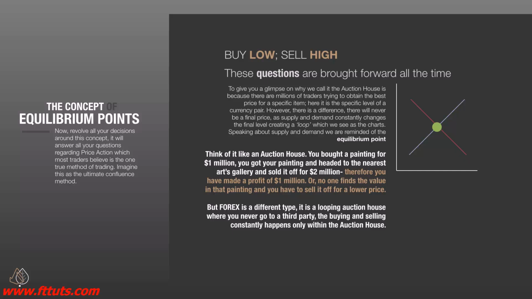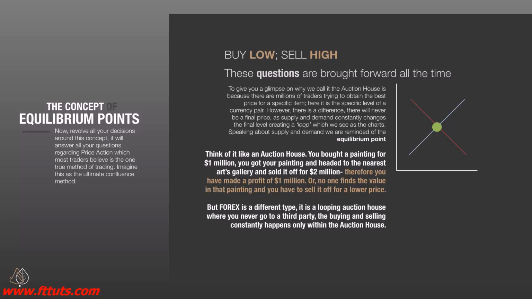Eventually, everyone will start wondering: if this painting is always sold, that means people do not want this painting. Therefore, this painting has no value. So the price of the painting actually drops back to 1 million, and this loop happens over and over again. But Forex is a different type.